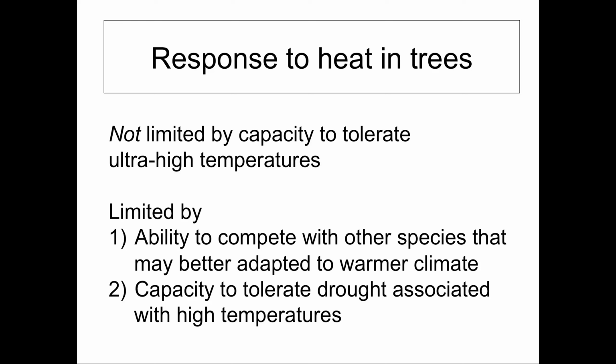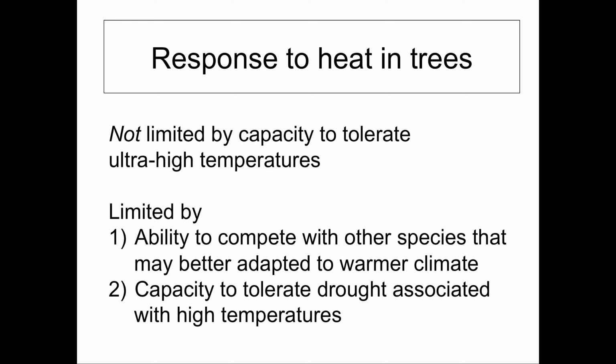The other thing that I didn't talk about here, but harks back to Monday's videos, is that when you get to these higher temperatures, what tends to start to dominate in terms of heat response is actually the associated drought responses. High temperatures tend to lead to high evaporative demand and potential for water loss from transpiration, but also from evaporation.